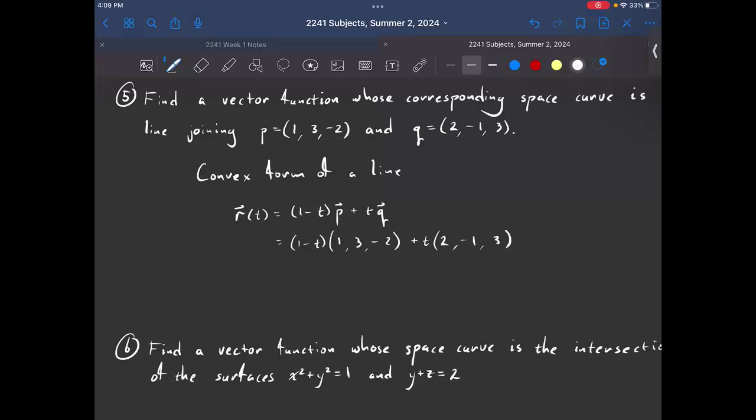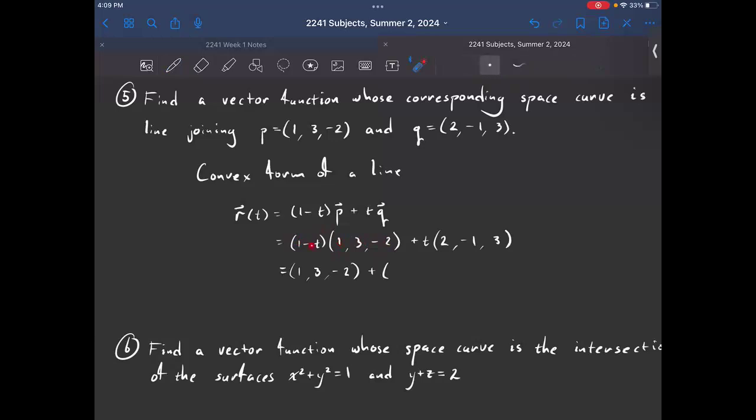All right, and now we can go ahead and combine these things if we want to, and we can get the standard vector form of a line. So if we distribute this vector to the 1, we get 1, 3, -2 as our base starting point. And then plus, well, what vector do we get for the t components here?